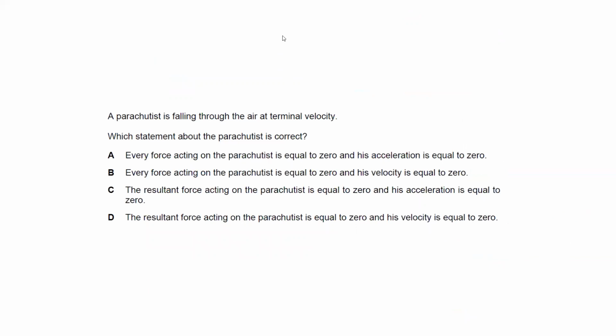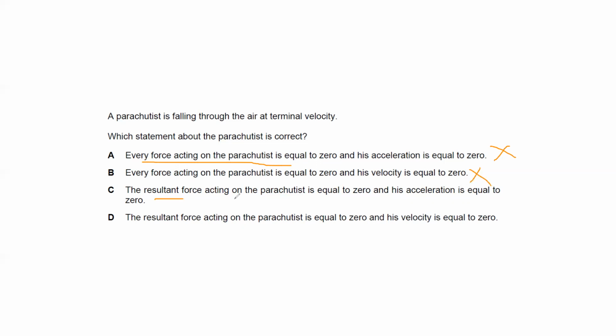So now the question is, which statement about the parachutist is correct? You can use a screen annotation or the chat if you want to answer. What could be the right answer for this? Is every force acting on the parachutist equal to 0? No, that's wrong, because there is a weight acting, and air resistance is also acting.